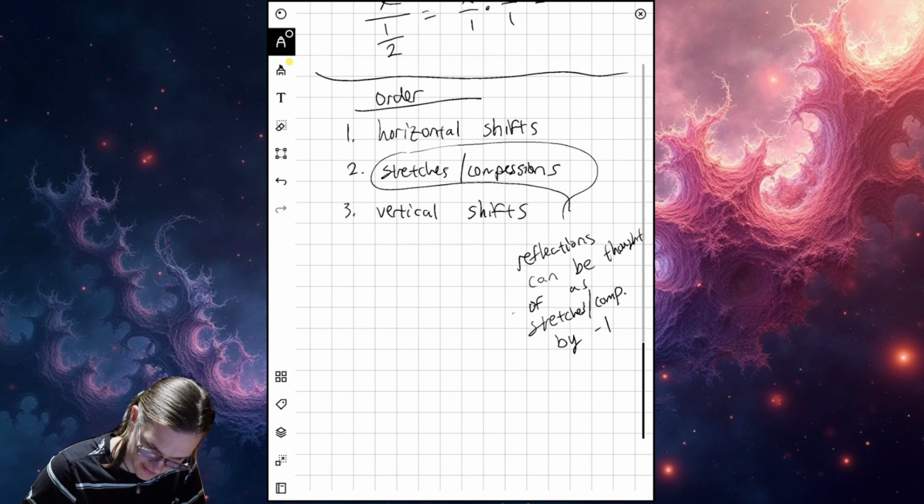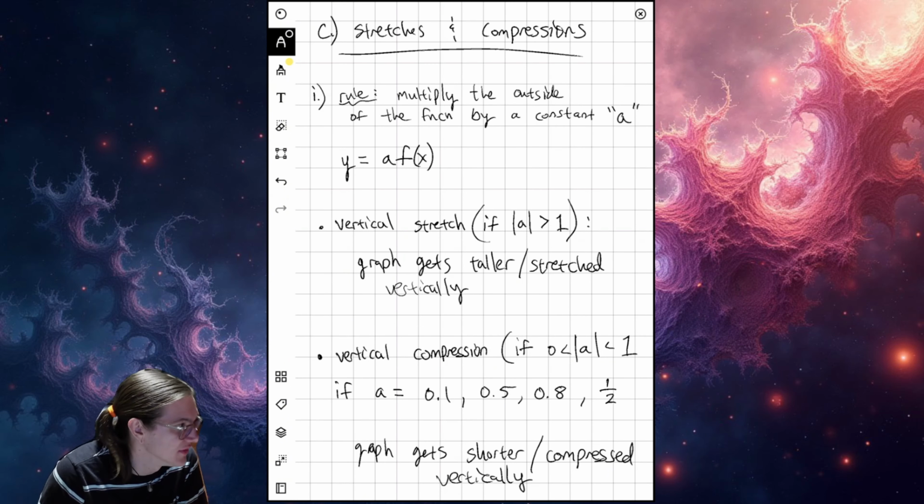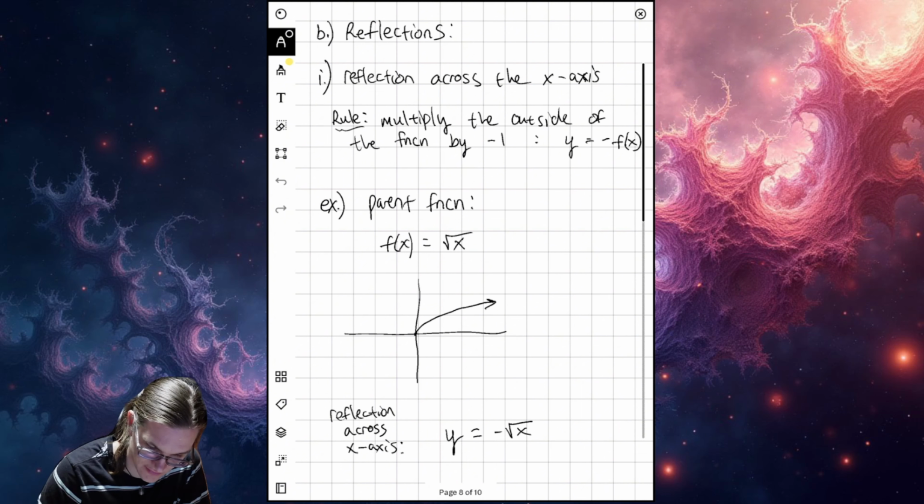So remember right here I said, if A is greater than 1, or A is between 0 and 1, but I never mentioned what if A were 1. Well, if A is 1, then no stretch is actually happening. If A is -1, no stretch is actually happening, and it's back to our flip that we spoke of, reflection.